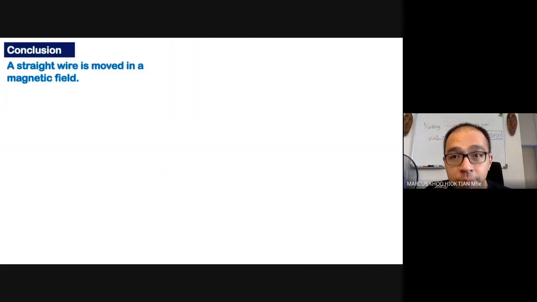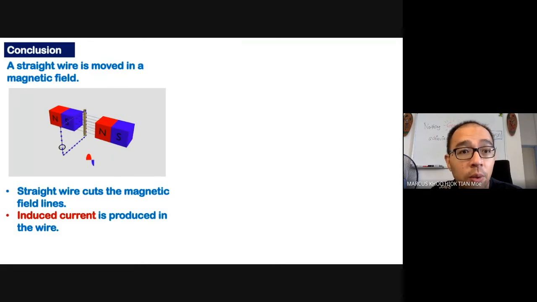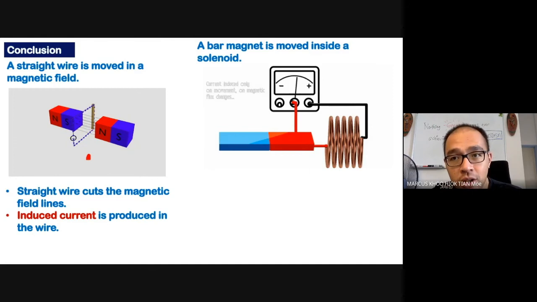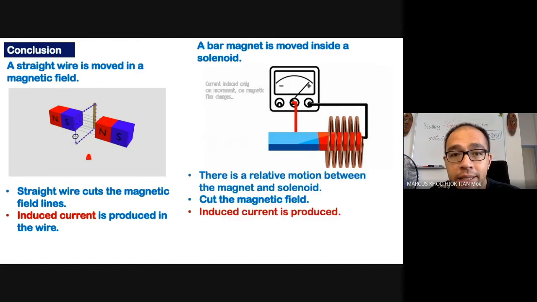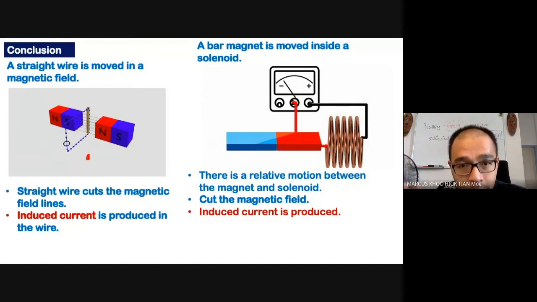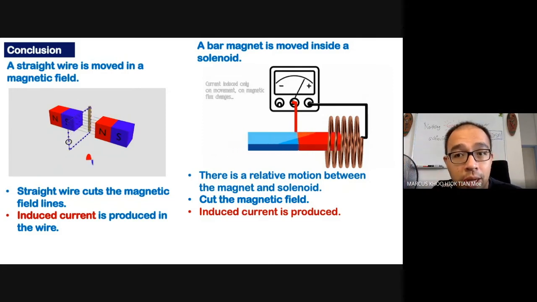So in conclusion, you have a straight wire that is moved in a magnetic field. The straight wire cuts the magnetic field lines and induced current is produced in the wire. Secondly, you have a bar magnet that is moved inside a solenoid. There is a relative motion between the magnet and the solenoid, and this causes the cutting of the magnetic field, which produces an induced current.